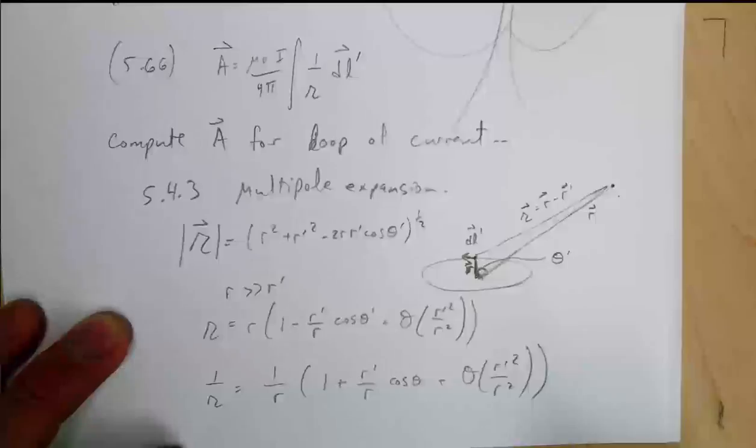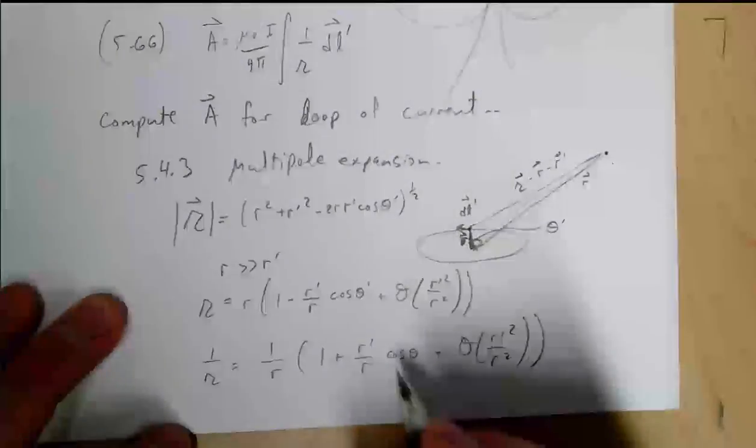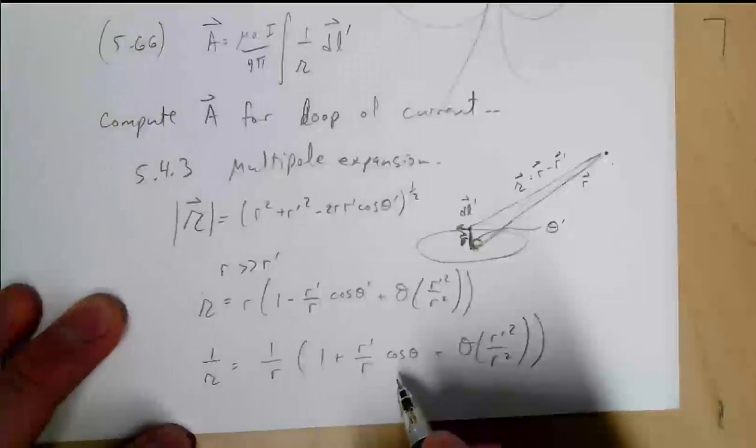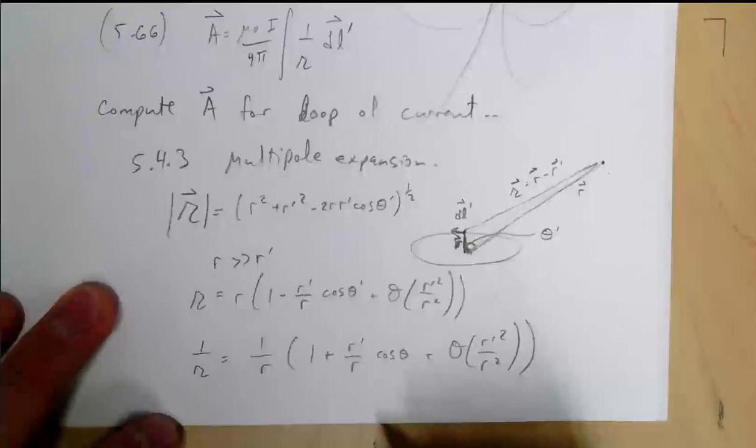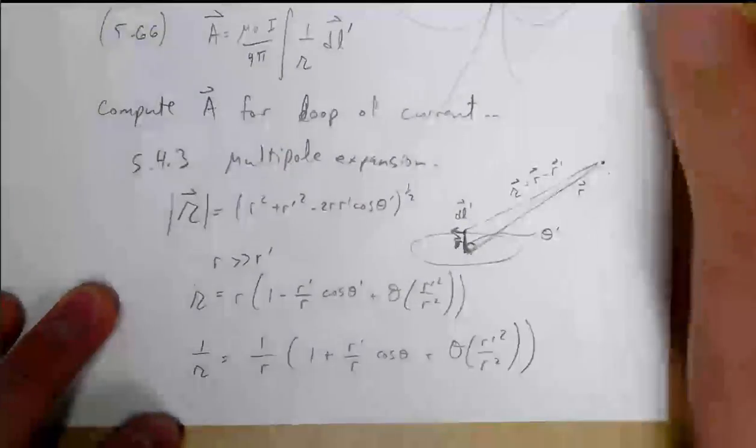Griffiths points out that this is actually the Legendre polynomial. It's not just a coincidence that this looks remarkably similar to our multipole expansion that we did for electrostatics.